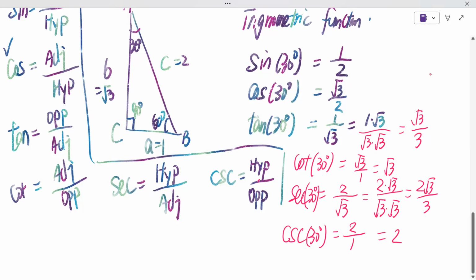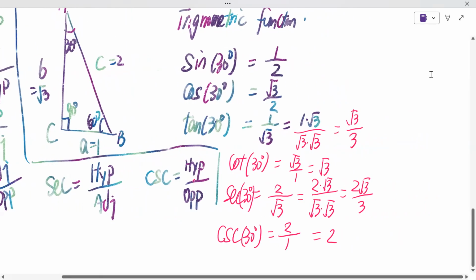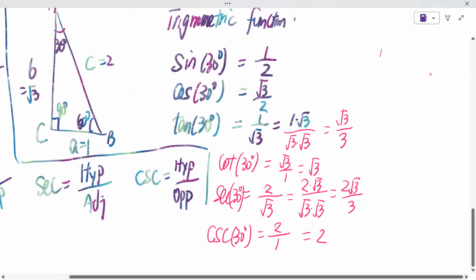And now let's take a look at the 60-degree angle, right? Let's put it side by side. So the sine 60 degree, you look at this angle here with the opposite, which is radical 3 over hypotenuse, 2 units.